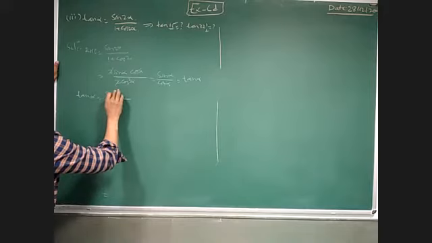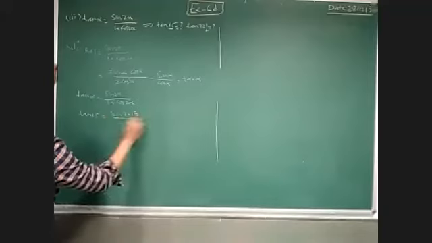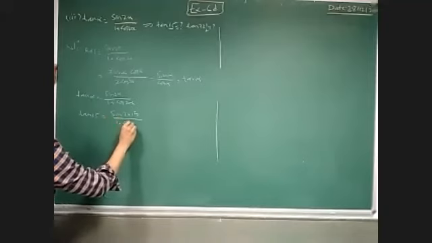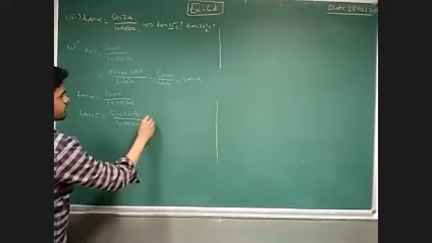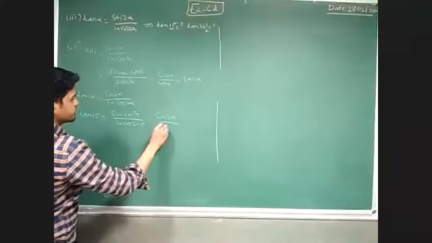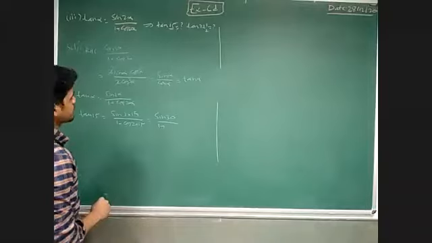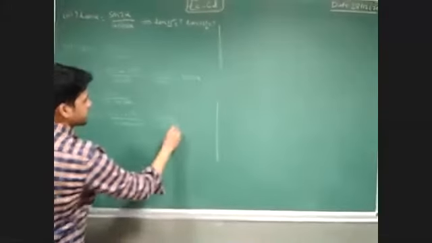Now put 15 in the place of alpha: sin 2 alpha by 1 plus cos 2 alpha, so sin 2 into 15 and 1 plus cos 2 into 15. Now 2 times 15 is 30, so here I will have sin 30 and 1 plus cos 30.